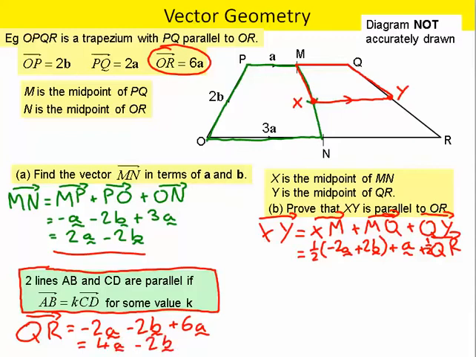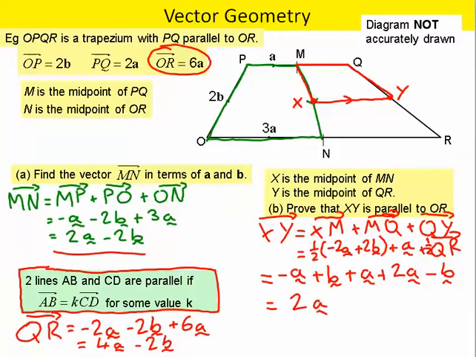So if we now substitute that in up here, multiplying this out, we get minus a plus b plus a plus a half of what we just worked out. So a half of 4a is plus 2a, minus a half of 2b is just minus b. Simplifying this, we have minus a plus 2a, so that gives us 2a, plus b minus b, the b's cancel. So XY is equal to 2a.